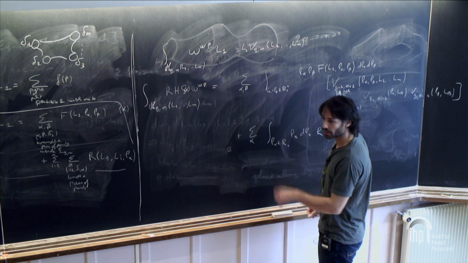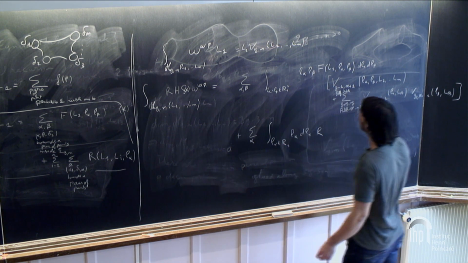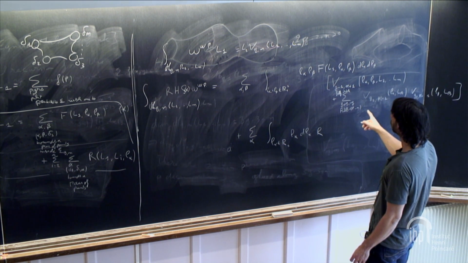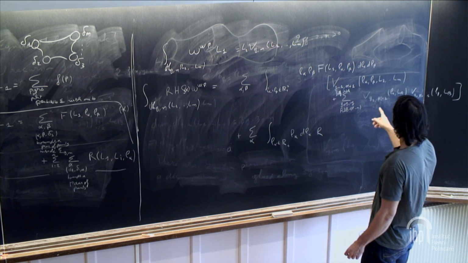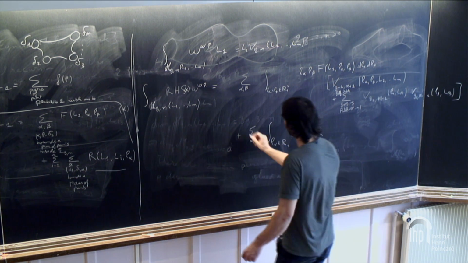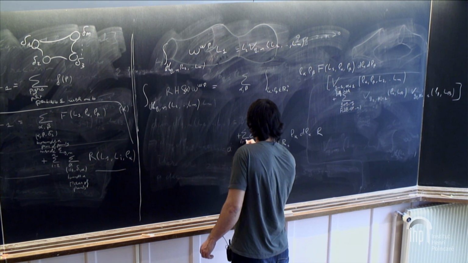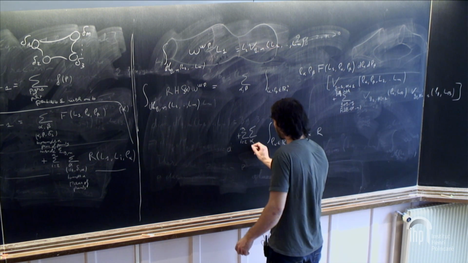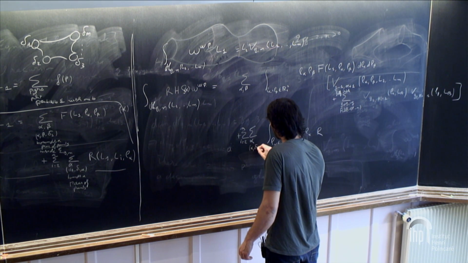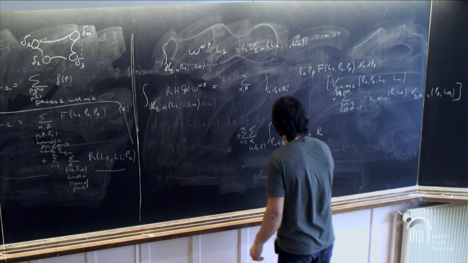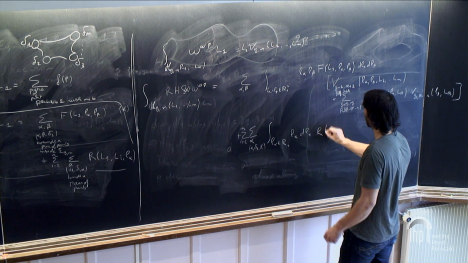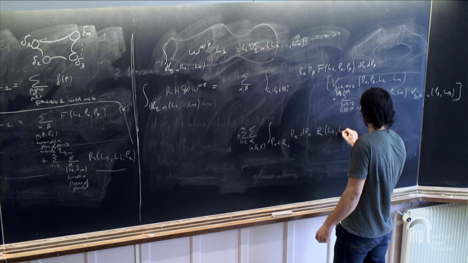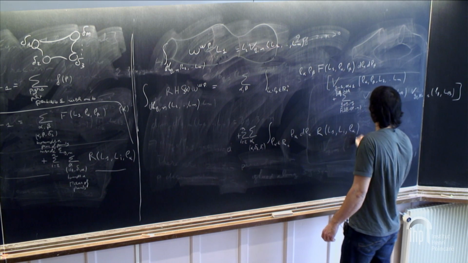Yeah, I'm doing the second one. Sum for i from 2 to n, sum over alpha such that alpha, delta 1, and delta i bound a pair of points. And here I've got some R of L1, Li, L alpha.